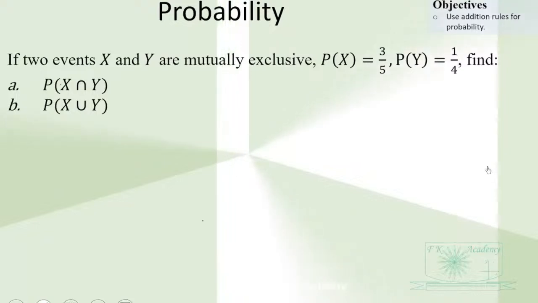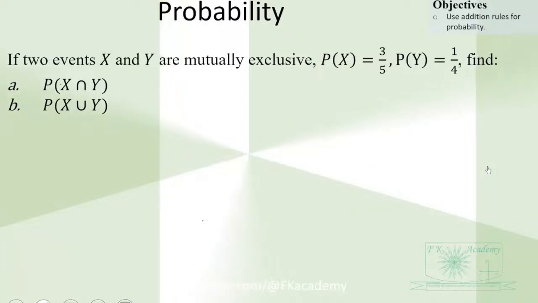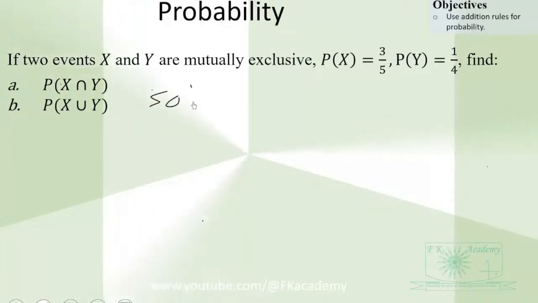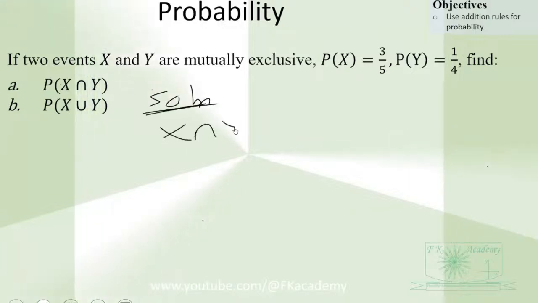Let's take this one. If two events x and y are mutually exclusive, probability of x equals 3 over 5. Probability of y is 1 over 4. Find probability of x and y. So we know that if the events are mutually exclusive, then x intersection y will be the null set, the empty set.